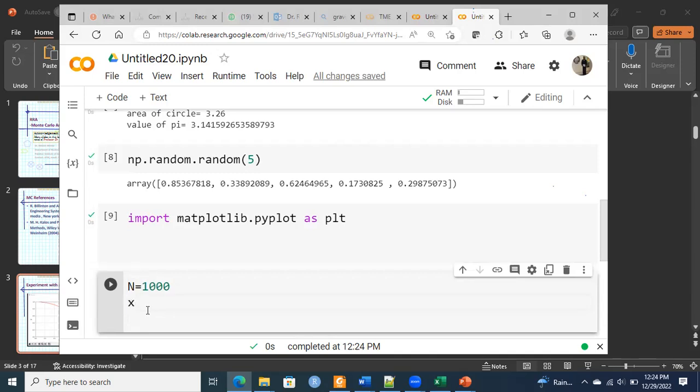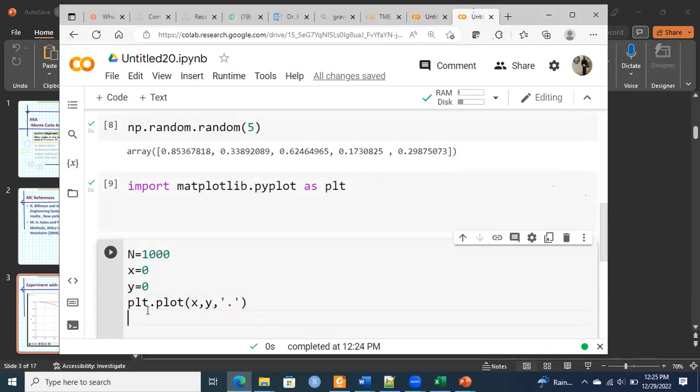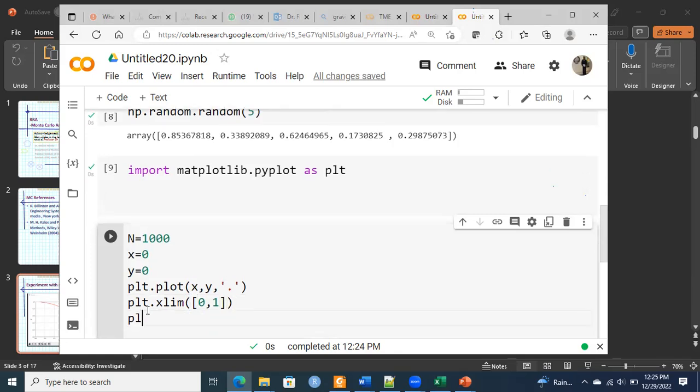I first define a frame for my plots, x0, y0. I define plt.plot(x, y) with a very small dot. Then I generate x limits from 0 to 1, and similarly for y. My students had the graph paper already, so they don't need to create the frame.